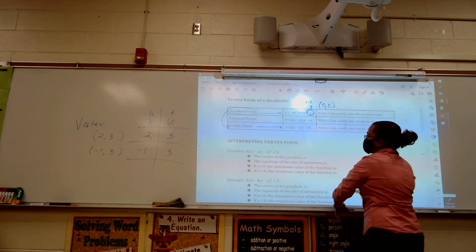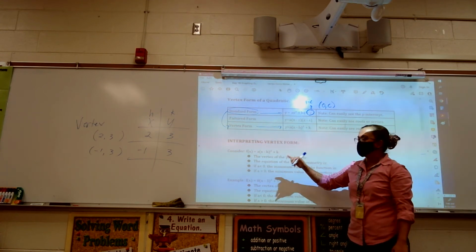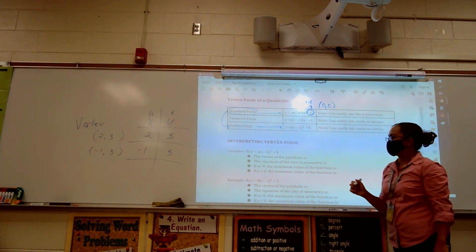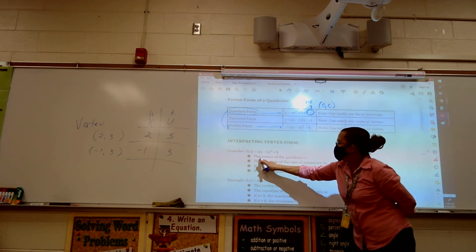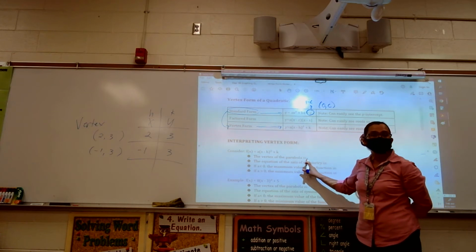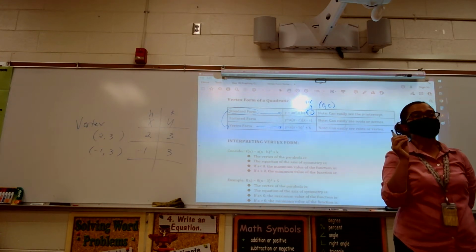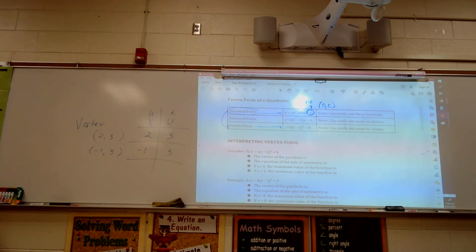Next. So, interpreting a vertex form. Again, the vertex form is A times X minus H squared plus K. So, if you take a look at the vertex of the parabola, which one among these letters represents the vertex?